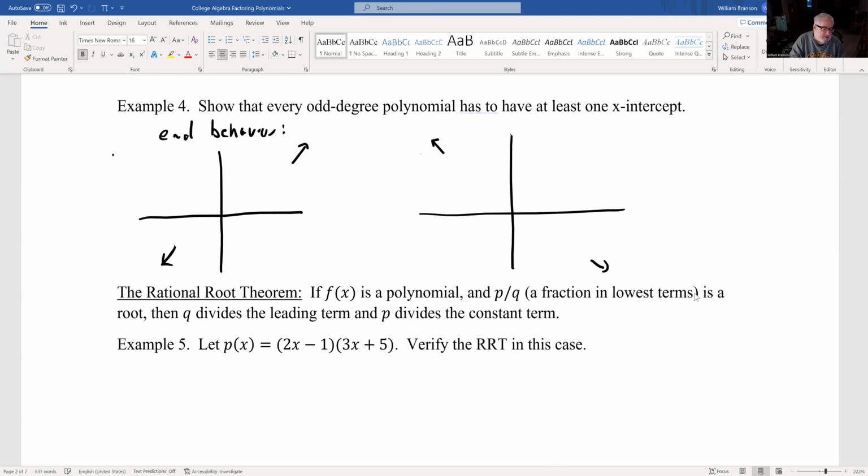So if you go down to minus infinity on one side and positive infinity on the other side, you've got to go through the x-axis at least once. And you could go through it a bunch of times, of course. You could have a whole bunch of x-intercepts, but there's got to be at least one. So x to the 17th has got to have some kind of x-intercept in there somewhere.